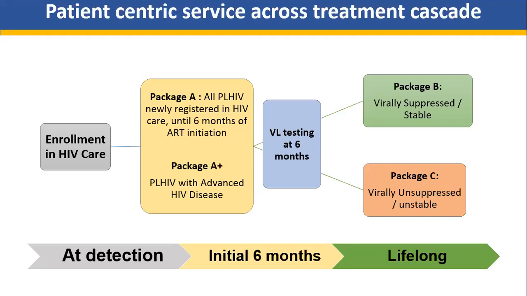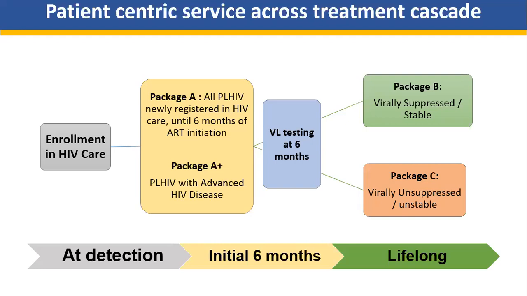At the time of enrollment in care, we need to provide certain preparedness counseling sessions, and we have to screen for various opportunistic infections, and provide rapid ART after ruling out any opportunistic infection.